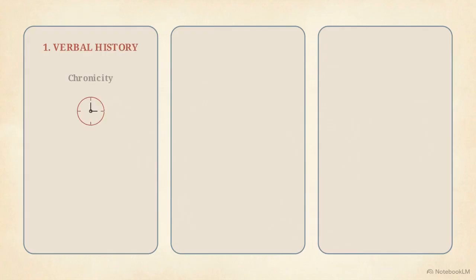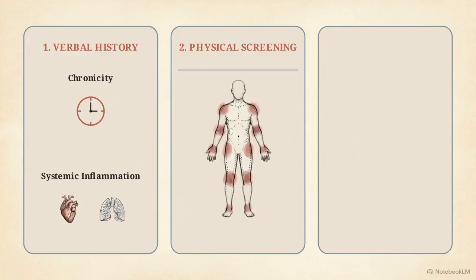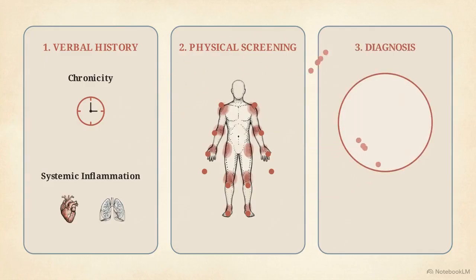We can think of this as a diagnostic matrix. The first phase of this matrix establishes chronicity and systemic inflammation based entirely on the patient's verbal history. The second phase moves off the chart and onto the patient, conducting a functional, total system physical screening. Finally, this physical data is mapped and fed into weighted, mathematically validated criteria to lock in a definitive diagnosis.